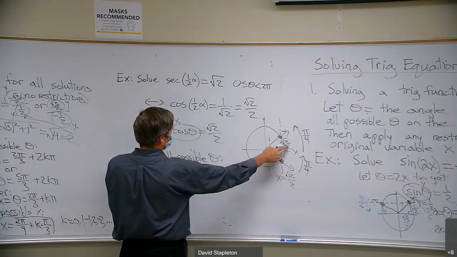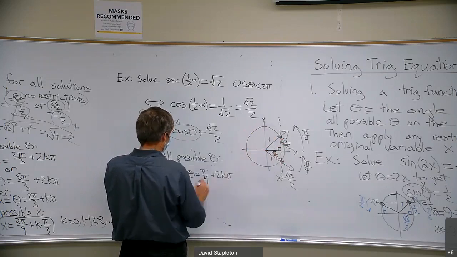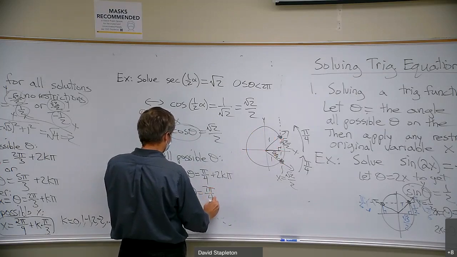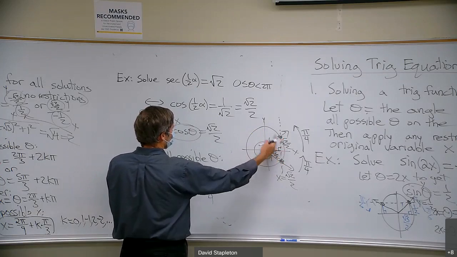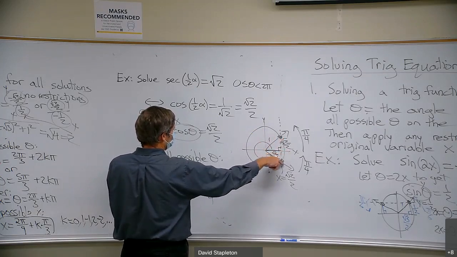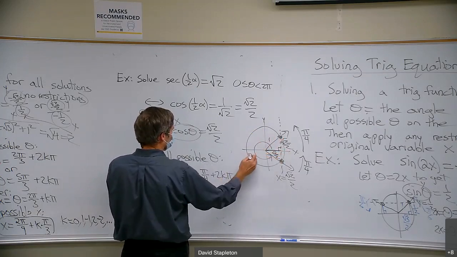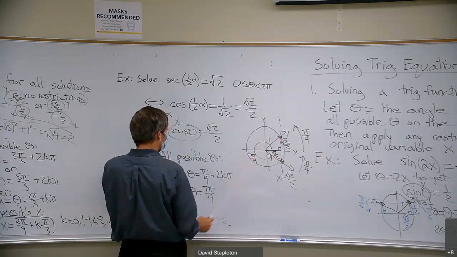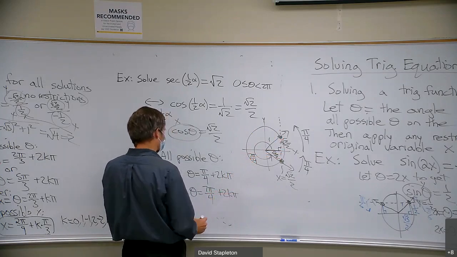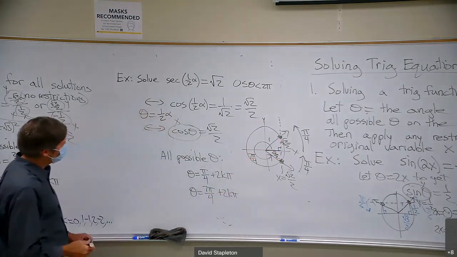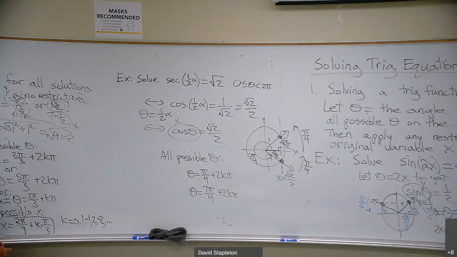I like to do it forward and call it 2 pi back up pi over 4 is 7 pi over 4. This angle here, 8 pi over 4, 2 pi less pi over 4 is 7 pi over 4. And then you can add any whole rotations to that, plus or minus. So there's all possible theta for this problem.